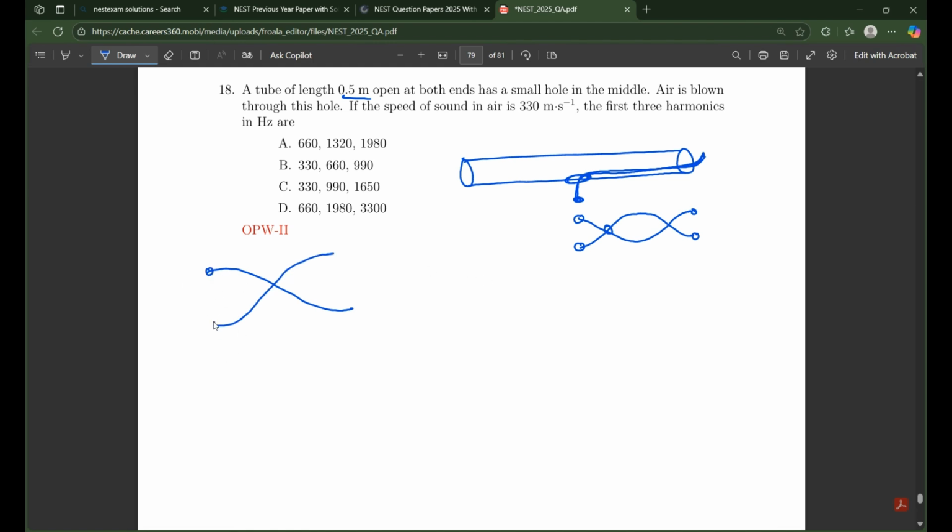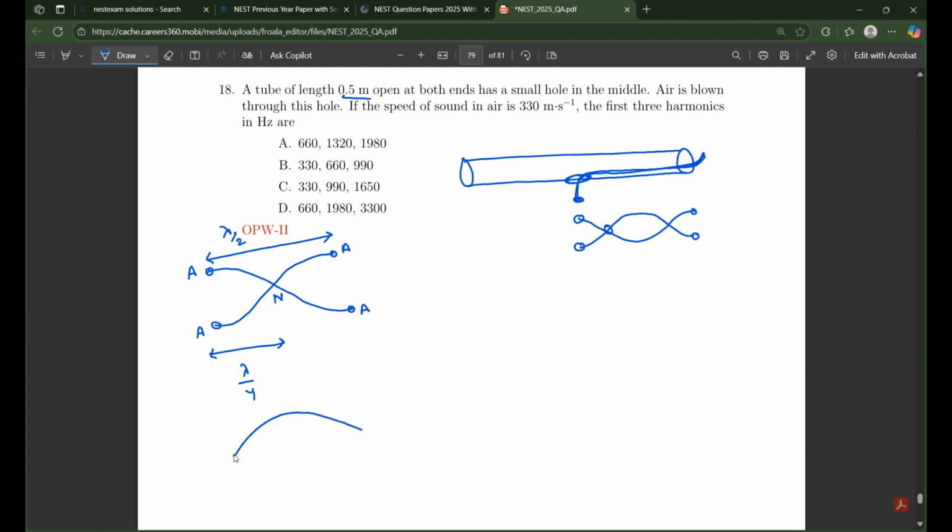And if I have an antinode at an end, a node in the middle and an antinode at the other end, the distance between an antinode and the adjacent node is lambda by 4, and the distance between two nodes or two antinodes is lambda by 2. So it is applicable for this as well as this.